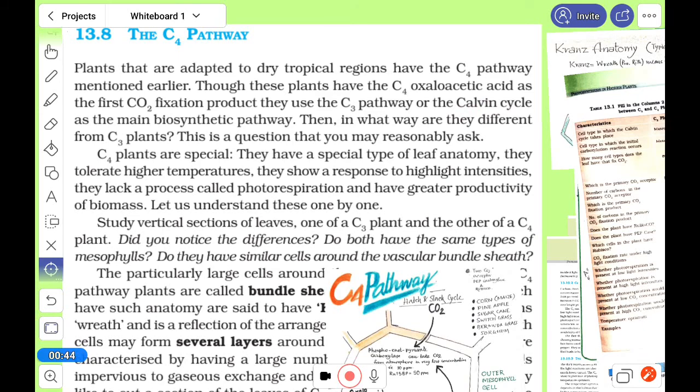The Calvin cycle that we completed previously is called the C3 cycle. Why is it the C3 cycle? Because the first stable product after taking carbon dioxide has a carbon number of 3.